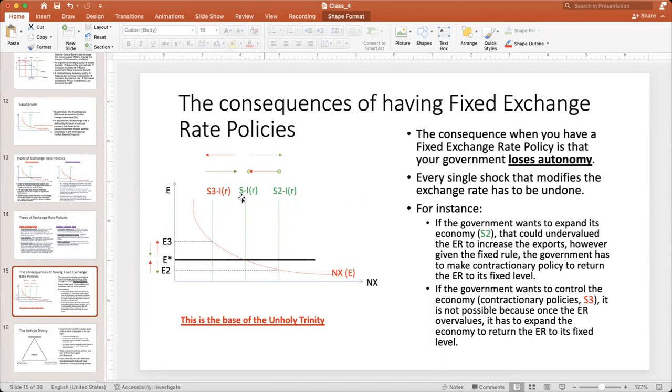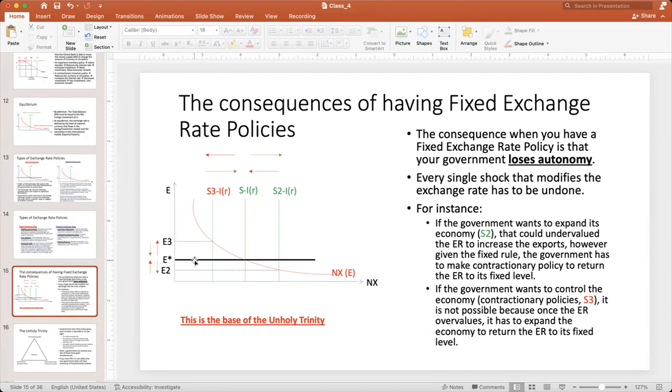It's the same if we have a lot of inflation in our economy. We need to apply a contractionary policy to control the quantity of currency in our economy. The problem is that when we do that, we have to raise the interest rate, and in parallel our exchange rate will increase and be overvalued.